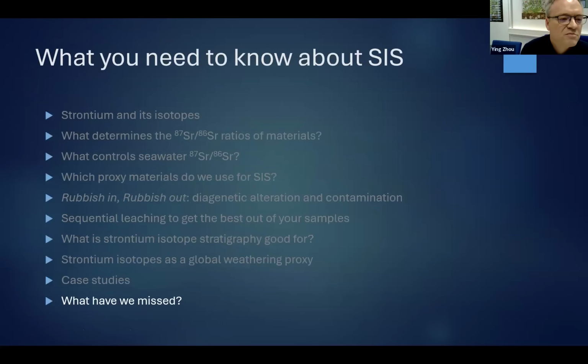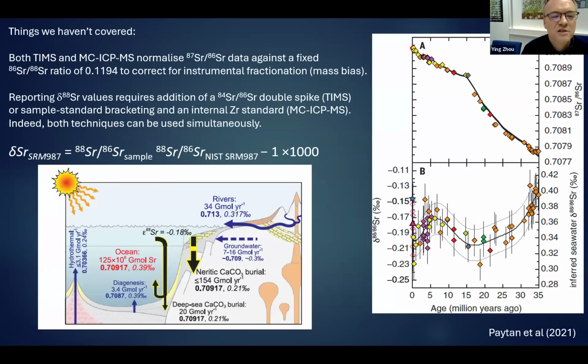What have we missed? Well, we've missed out loads of stuff, even though we've gone on for a long time. We've missed out stable isotopes. And the reason for that is that if you want to see the natural isotopic fractionation that occurs during processes, you actually can't use the data in the way it was produced for all of the data that I've been showing you.